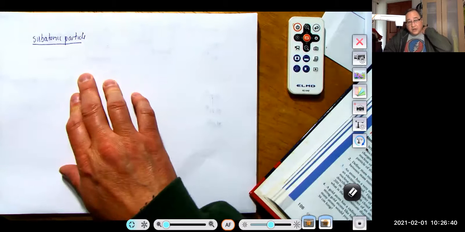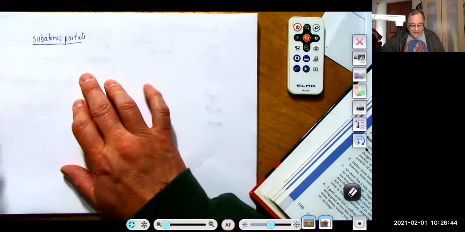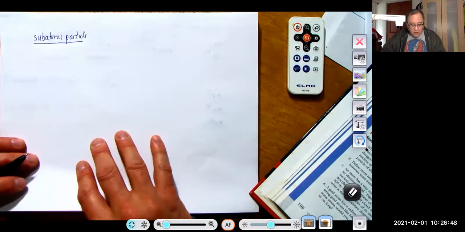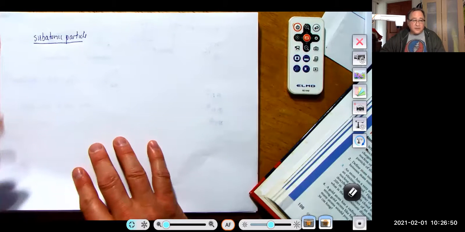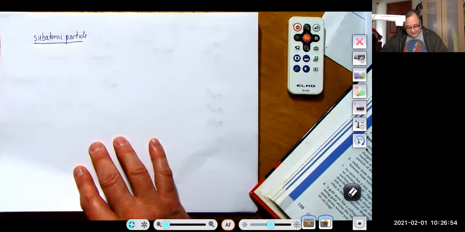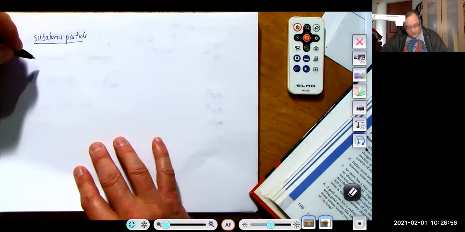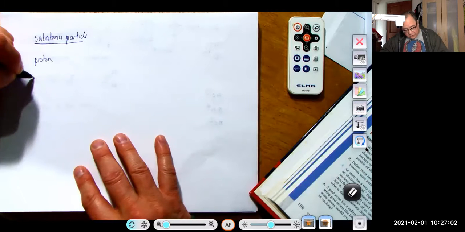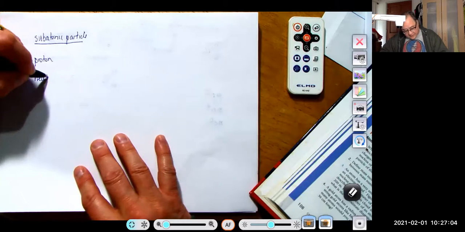Subatomic particles are particles in chemistry that are smaller than an atom that we're interested in. So there are smaller particles than what I'm about to give you, but mostly you're interested in those things if you're a physicist, not a chemist. So the subatomic particles we're interested in are the proton, the neutron, the electron.